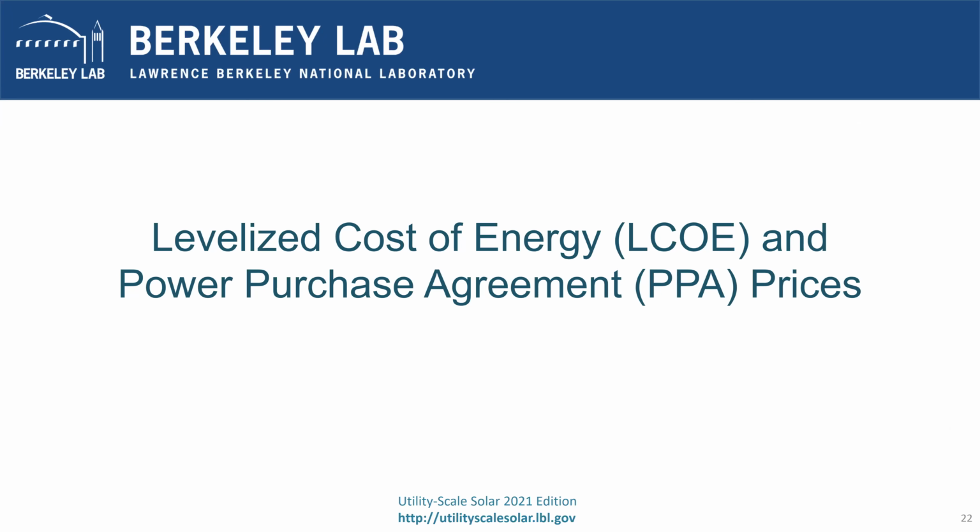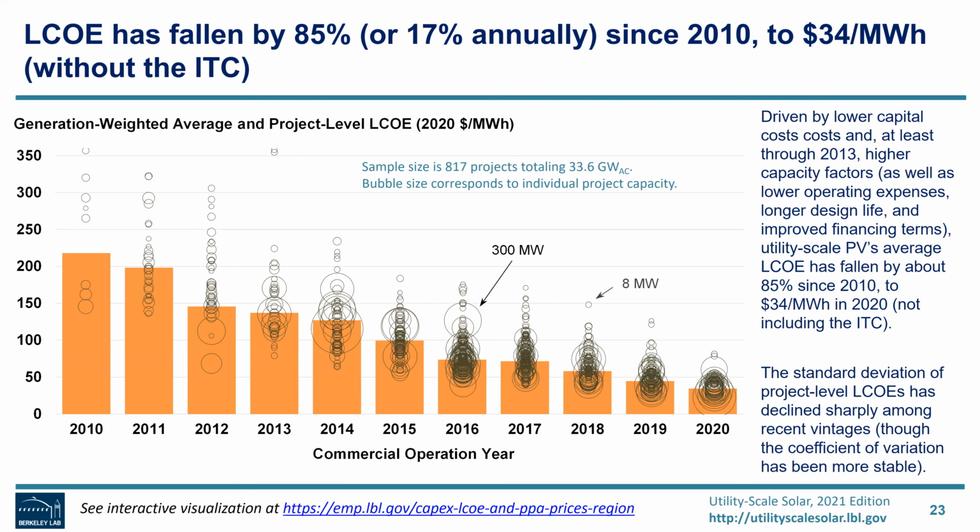Right now, I'm going to move on to the levelized cost of energy and power purchase agreement prices. Yo talked about the decline in upfront capital costs, and I just ran through some trends in capacity factor, where we've seen an increase at least through 2013. What we didn't show is that operating expenses have also been declining.